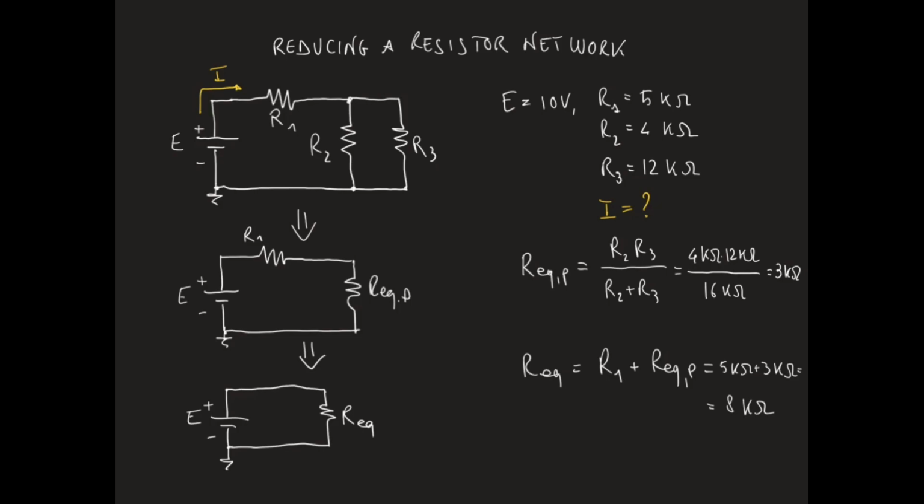Now the current flowing out of the positive terminal of the battery E can be easily calculated by applying Ohm's law as E divided by REQ, which is 10 volt divided by 8 kilo, which is equal to 1.25 milliamps.